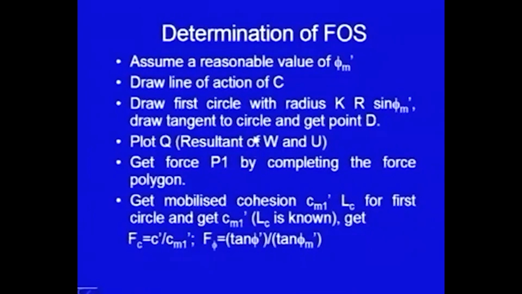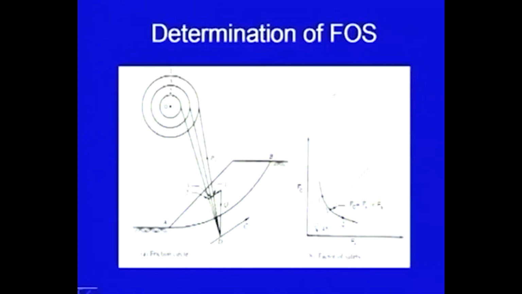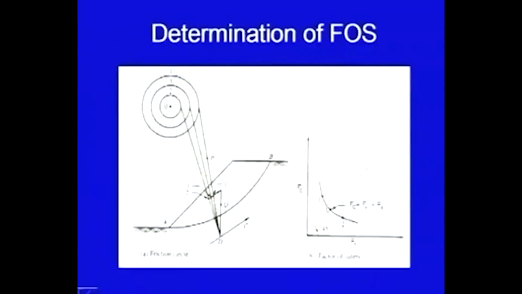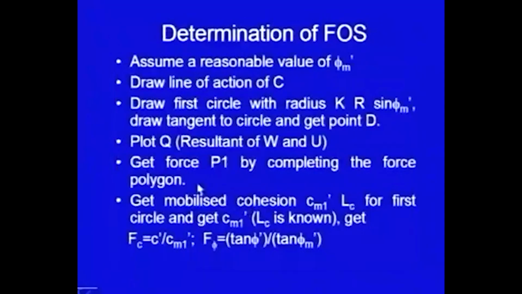For determining the factor of safety, what we have to do is we start with a reasonable value of phi m dash, any reasonable value, and then draw the line of action of C. This is the line of action of C which we have drawn. We have calculated how far it is from the center, and the line of action has been drawn.